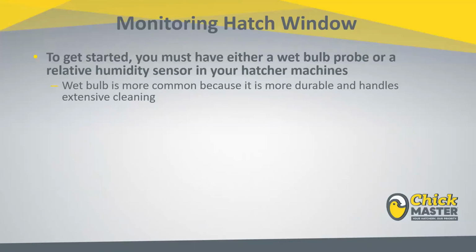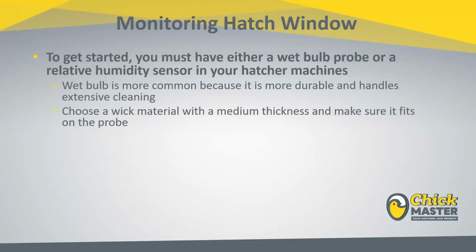So wet bulb comes in from the fact that that probe is now measuring the evaporation rate of water off of that wick or off of that bulb, and the temperature that is the byproduct of that is referenced as wet bulb. So as the chicks begin to hatch and higher moisture is produced, then the water will evaporate from that wick at a much slower rate, and therefore the probe will read a much higher temperature. And so that creates a really nice graph to look at.